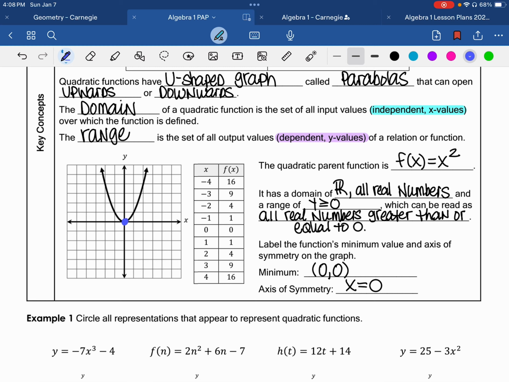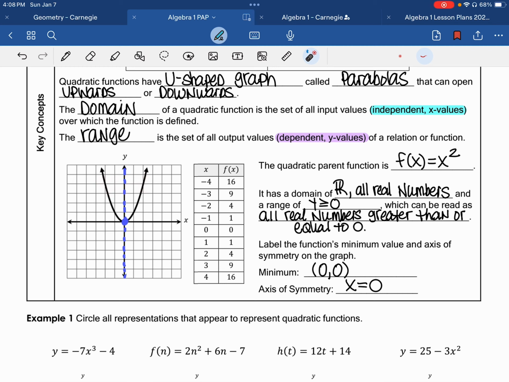And my axis of symmetry would be a vertical line that runs right through my minimum value. It is called the axis of symmetry because, as you can see, the points on both sides are the same distance from that line, 1 and 1. Here I have 1, 2, and so right here I have 1, 2 as well.